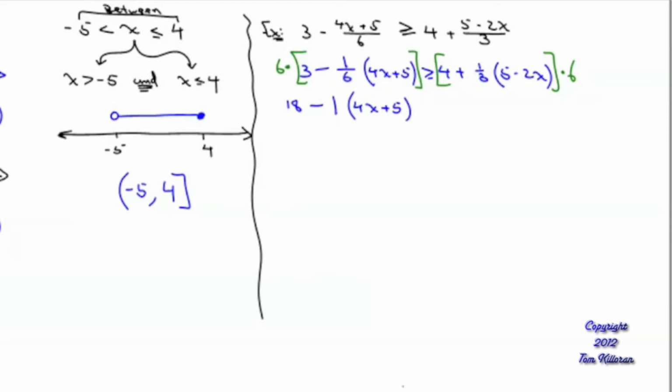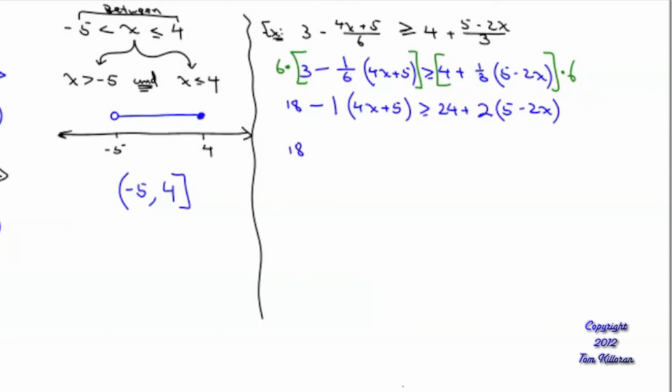That doesn't get touched because it's inside of parentheses. Over here, 6 times 4 is 24, plus 1/3 times 6 is 2, and left behind is 5 minus 2x. Yay! So we got rid of the fractions. That's the first step of trying to solve a linear equation. Second step, distribute.